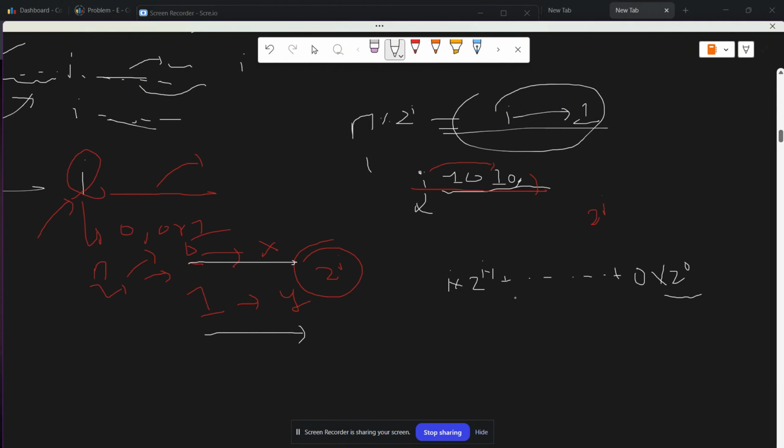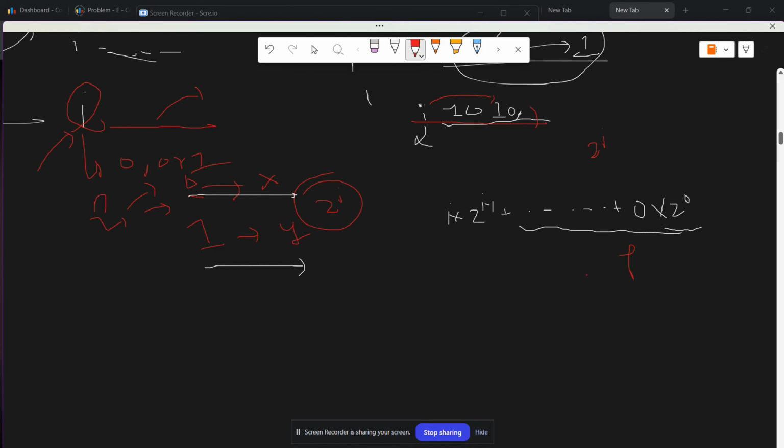As we know that this part is the same for all, let me assume this part to be p. Then for some set of numbers, let's suppose over here it is x.